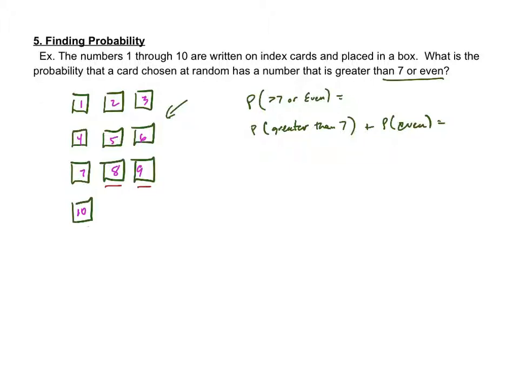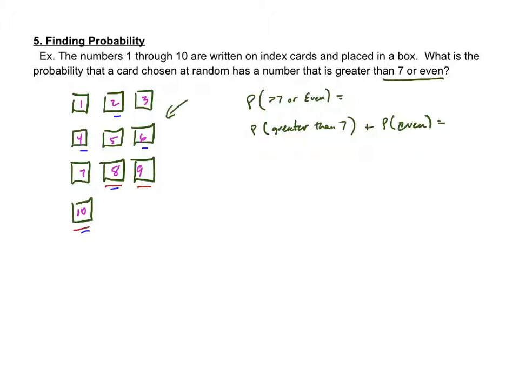Let's look at this. We have greater than 7: 1, 2, 3 numbers greater than 7. And we also have even: 1, 2, 3, 4, let's do that in a different color. Even cards: 1, 2, 3, 4, 5.